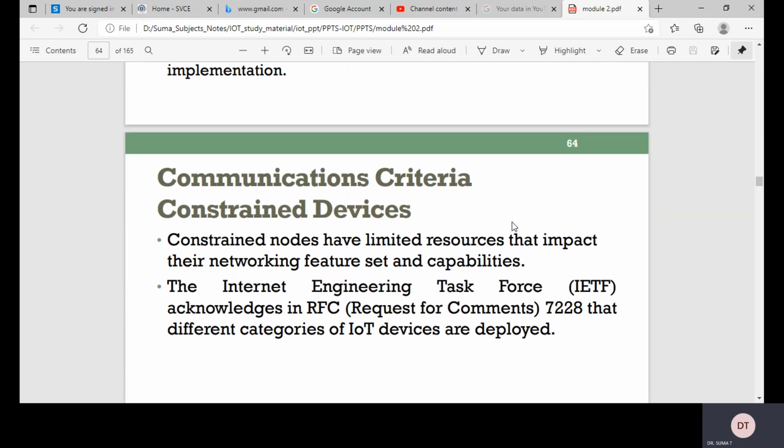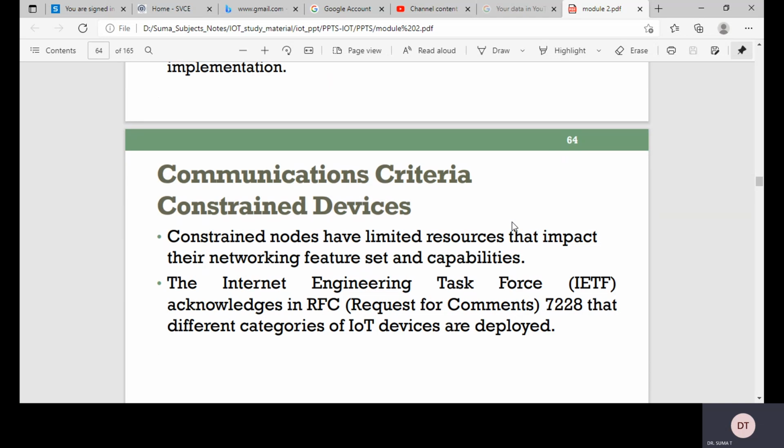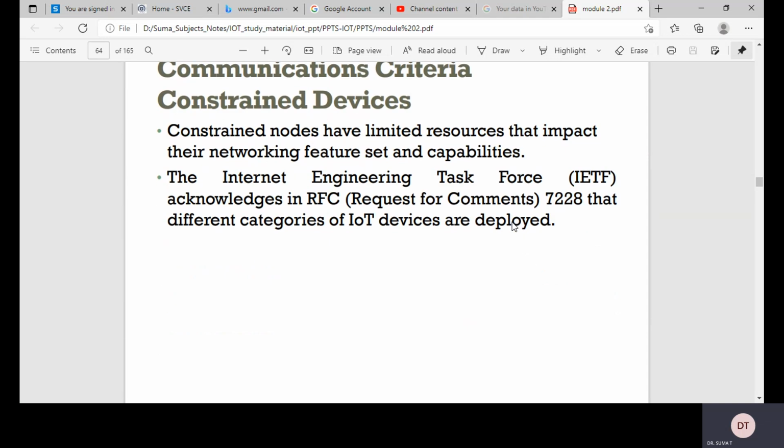So another communication criteria is constrained devices. That is, constrained nodes have limited resources that impact their networking features and capabilities. The Internet Engineering Task Force (IETF) acknowledged, in Request for Comments RFC 7228, that different categories of IoT devices are deployed.